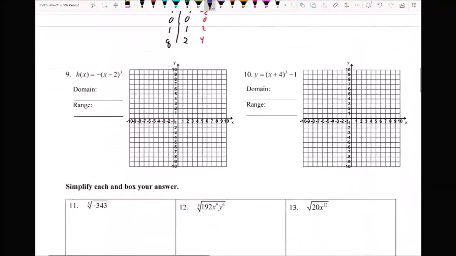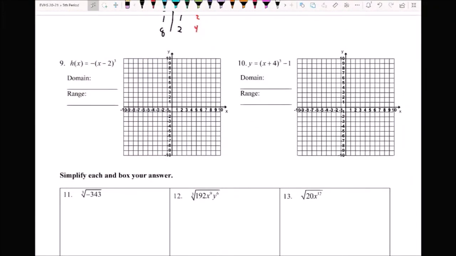Okay, number 9. Now we're going to be doing our cubes. So to make the table here, I'm going to do my x and y. On this one, I can do -2, -1, 0, 1, and 2. Cube those, I get -8, -1, 0, 1, and +8.